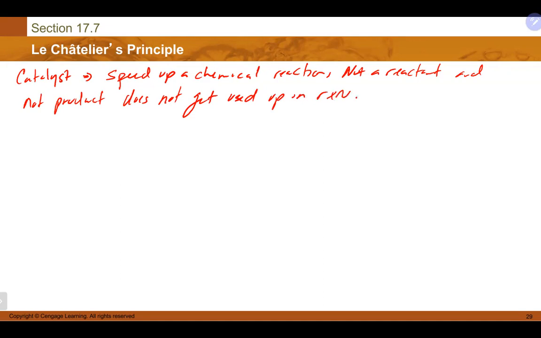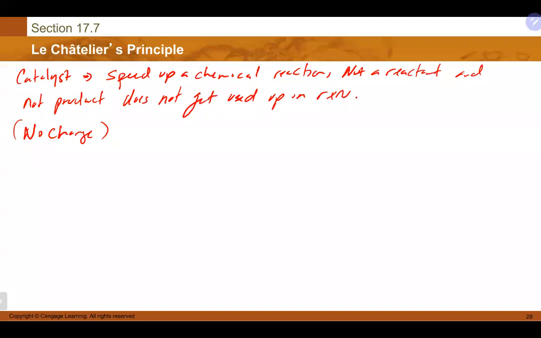It is really there to simply facilitate the reaction, in most cases occurring faster. It will have no change on the equilibrium. You will just get there quicker, but it will not cause it to shift to the left or shift to the right.